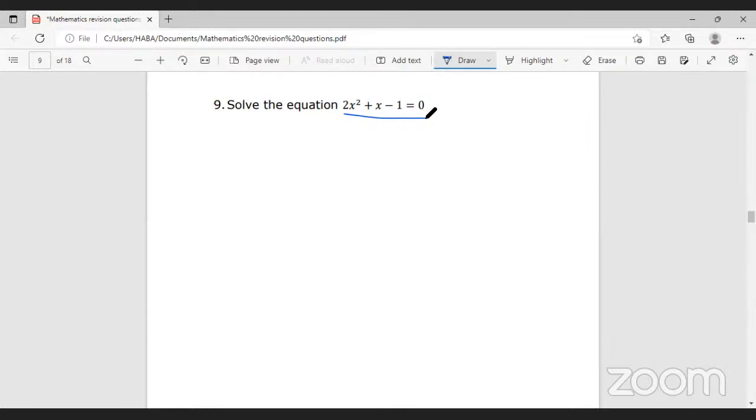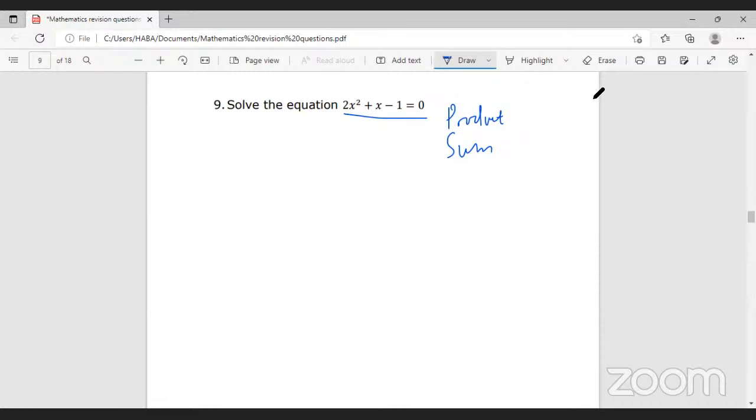The product and sum. First look for the product and sum. Okay, product and sum. Okay. So which product? So product and sum of what?